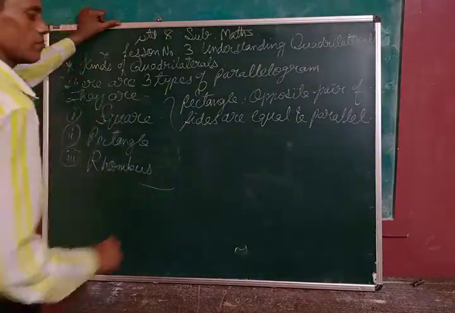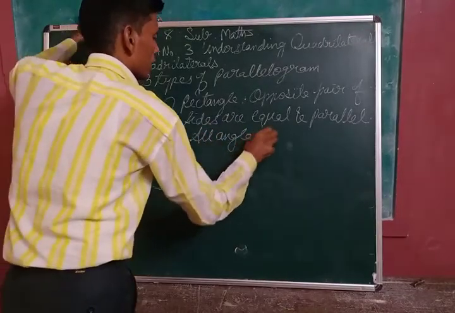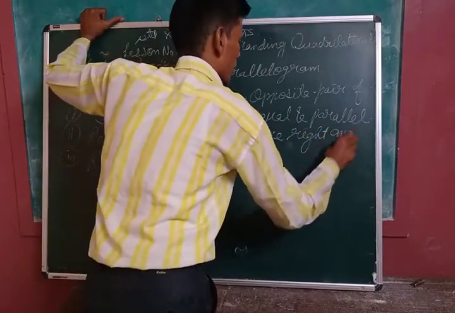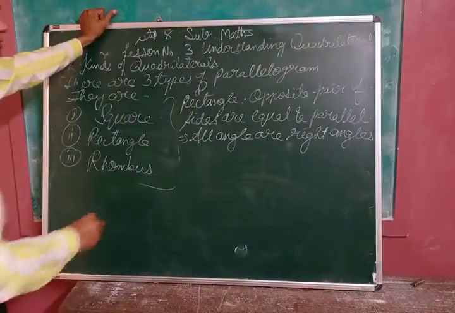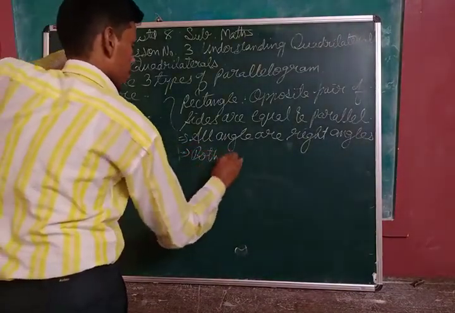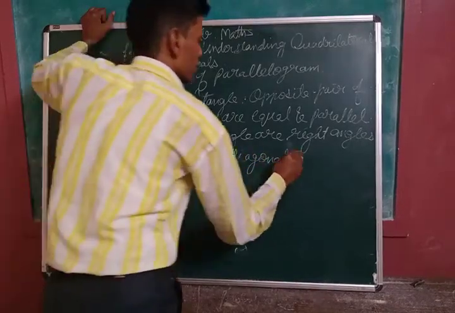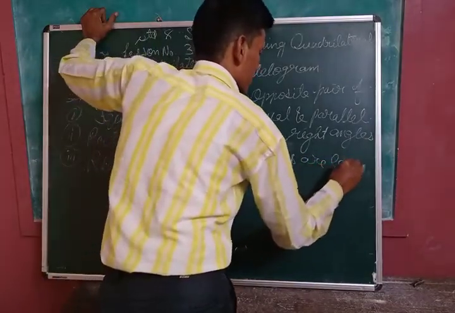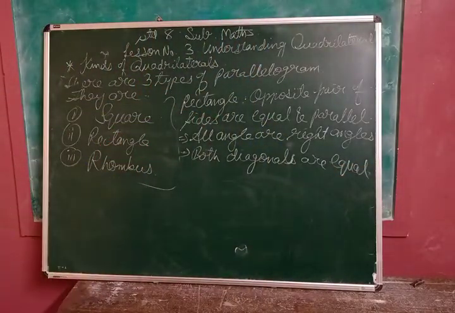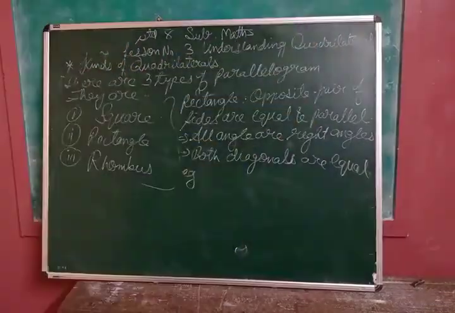Okay, all angles are right angles, both diagonals are equal, but it is not compulsory that they intersect at 90 degree or they are perpendicular. Here, example of rectangle is this blackboard.